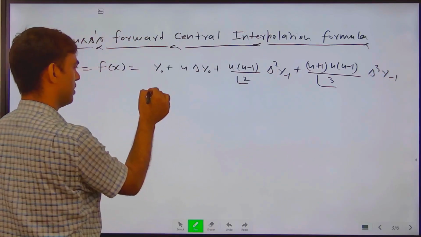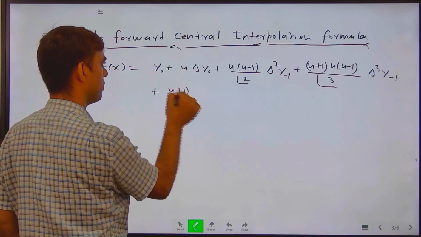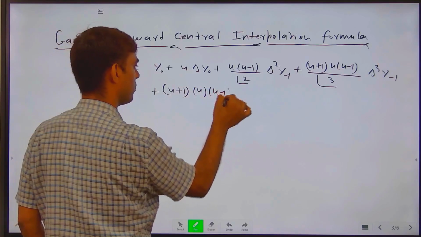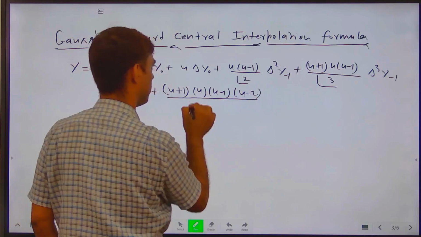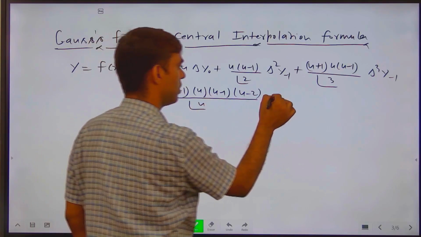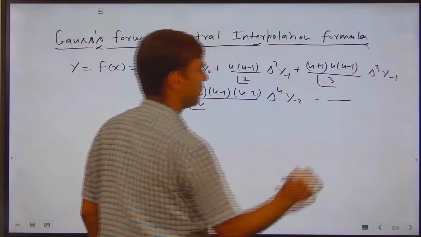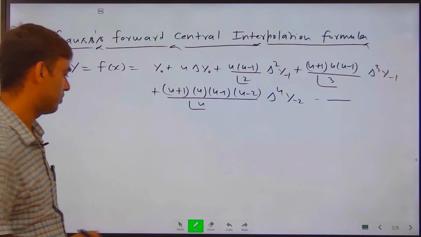Again we write one more term, so this becomes plus u plus 1, u, u minus 1, u minus 2 upon factorial 4 del 4 y minus 2 and so on. In this way, this is the Gauss forward central interpolation formula.